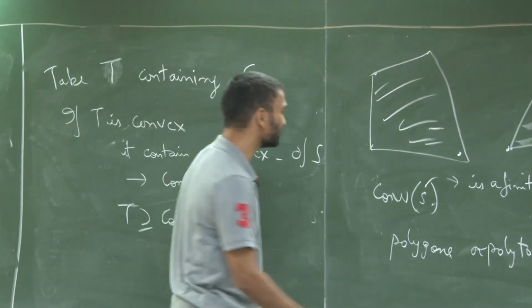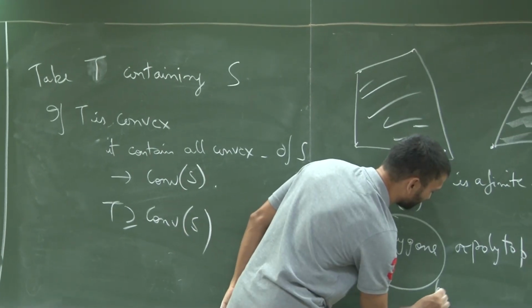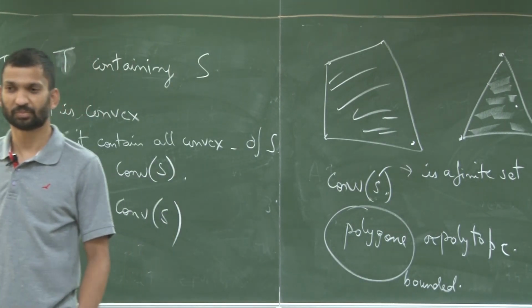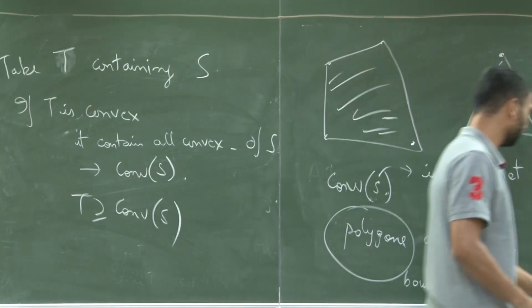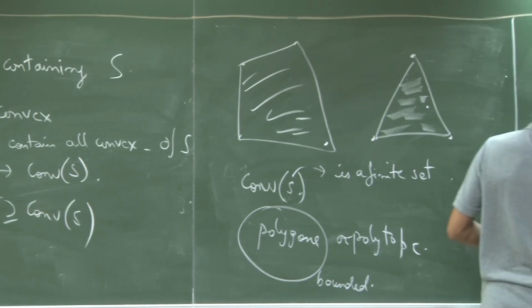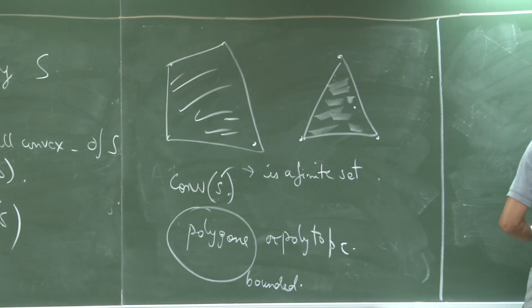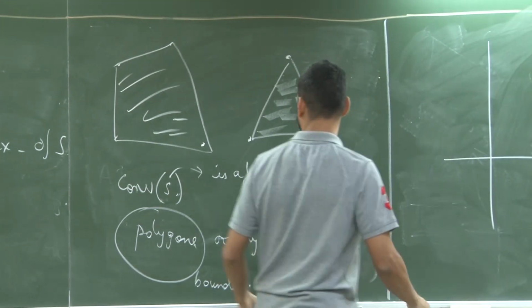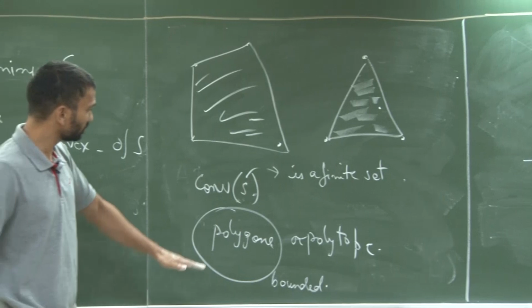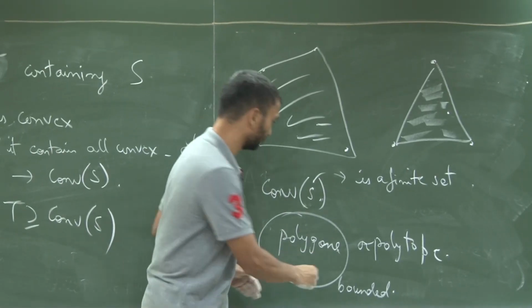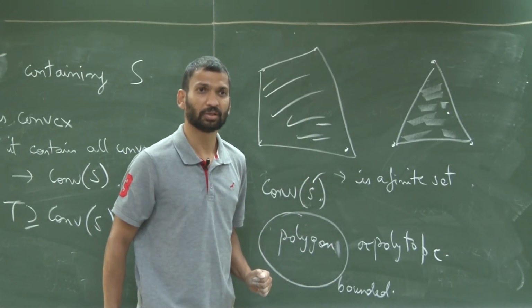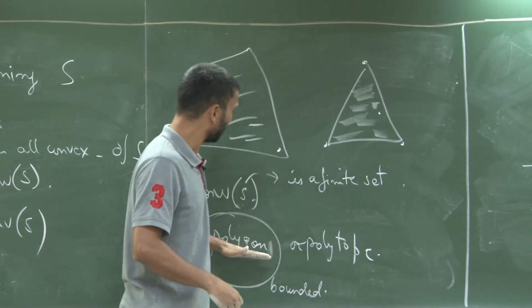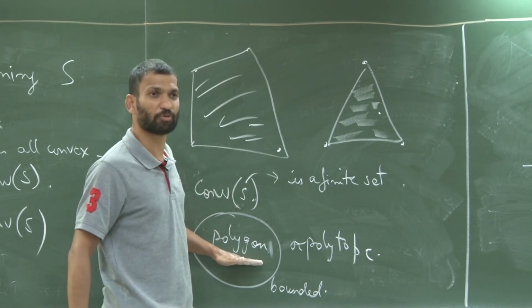Okay, so the difference is this is bounded. So what do I mean to say? Actually for a finite set of points, this will always be a polygon. That means it will be bounded, but we will be interested sometimes in convex sets which are a slight extension of polygons.